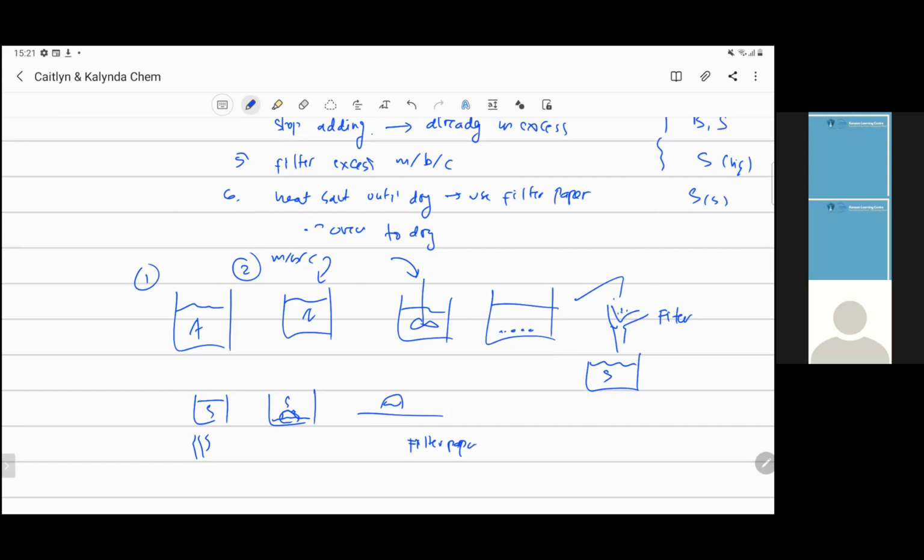And in some schools, if you have them, you oven it. If you don't have an oven, you just leave them in the sunlight, or just leave them at room temperature. Okay, what we have is going to be a pure powder of pure salt. Ta-da!